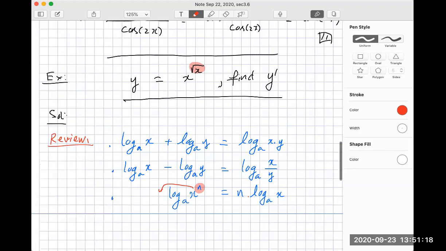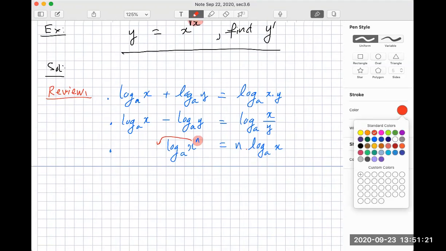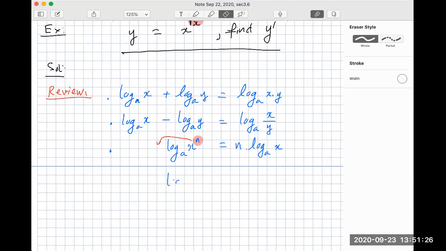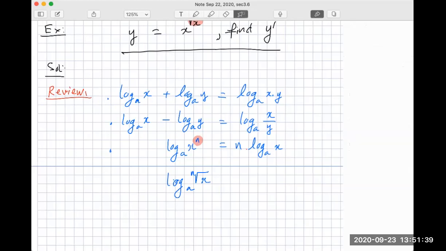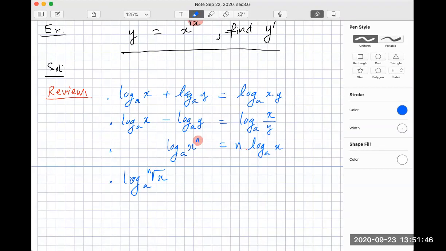So how about this one? To avoid confusion, let me just remove this. Log base a of the nth root of x. Can we find it? Any suggestion? This n is any number, so be careful.